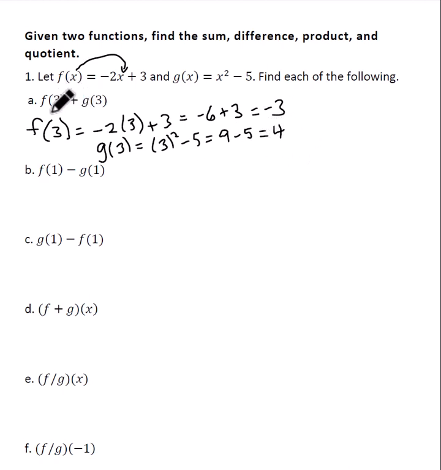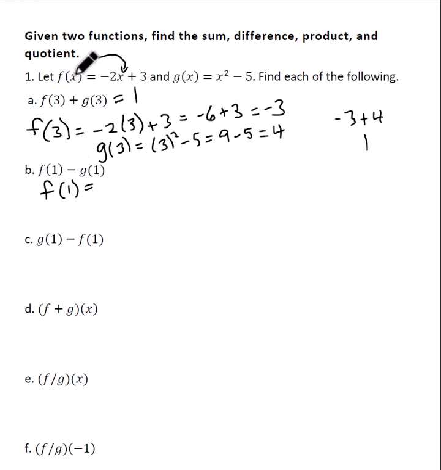Then we just need to do f of 3 plus g of 3. That's negative 3 plus 4, which is a positive 1. So this equals 1.